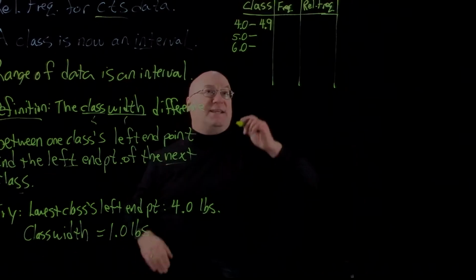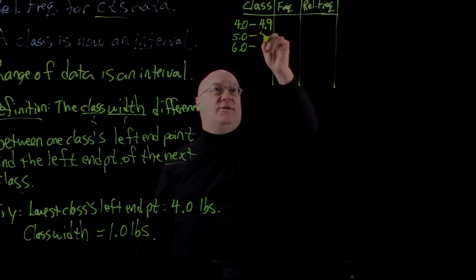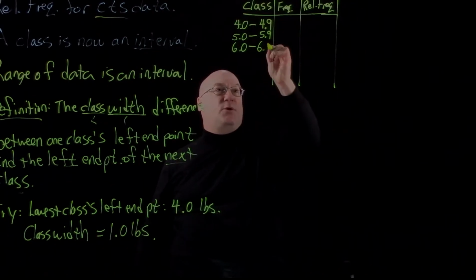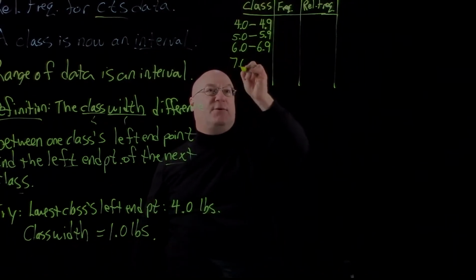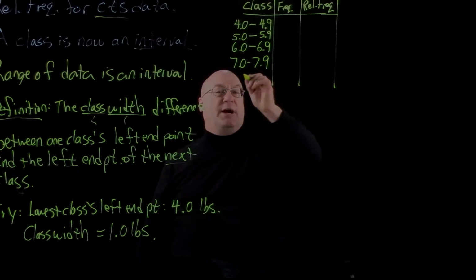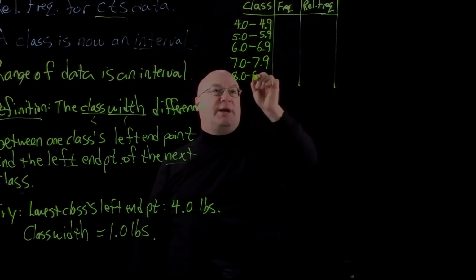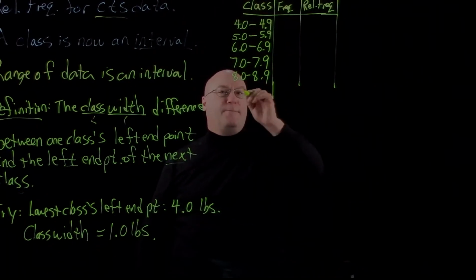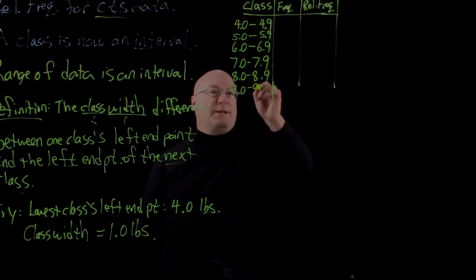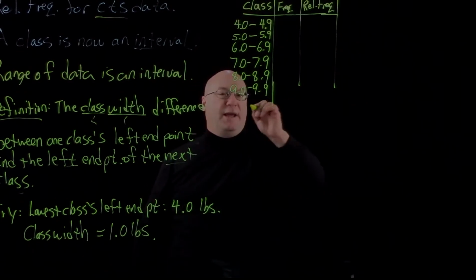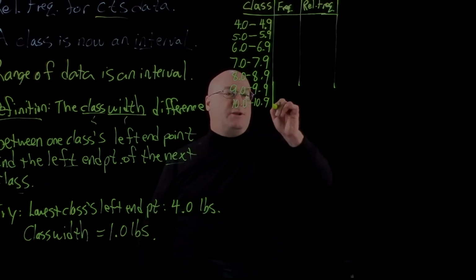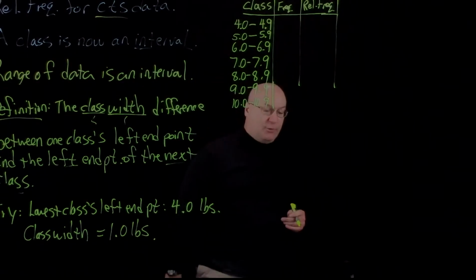Then when I go to the next class, I can start with 5.0 and I'll go to 5.9, 6.0 to 6.9, then 7.0 to 7.9, 8.0 to 8.9, 9.0 to 9.9, and I do need to go above 10, but I don't think I need to go up to 11, so I think I can stop right there.